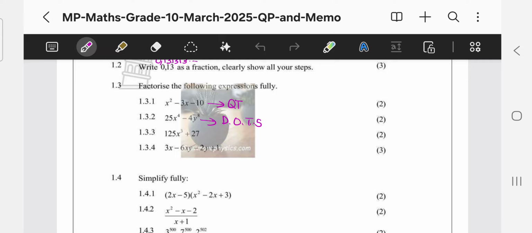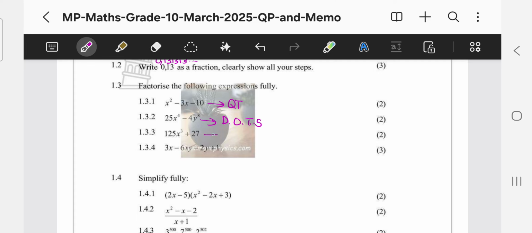Now for 1.3.3, we are given 125x cubed plus 27. Firstly, you guys, 125 is a cubed number. x cubed is a cubed number, and 27 is a cubed number as well. However, we have a plus in between.